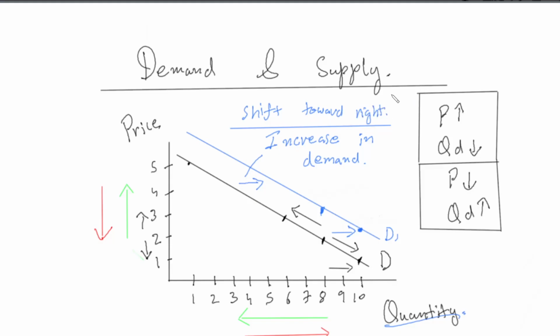I believe this much is enough, but there's one more thing that I'm going to explain to you within this video itself. When we are talking about extension and contraction, let me put an E here to refer to an extension and C here to refer to a contraction. We are assuming that price is the only factor that's affecting our demand levels.